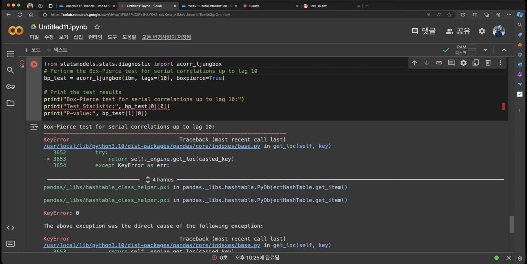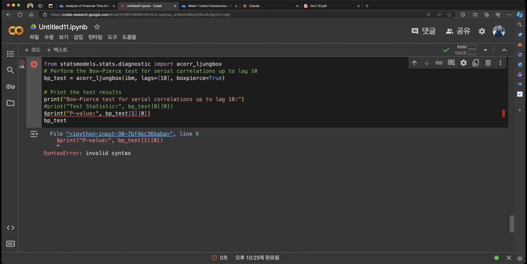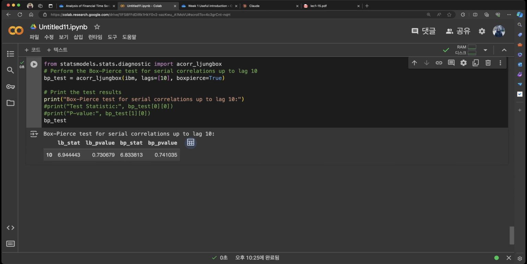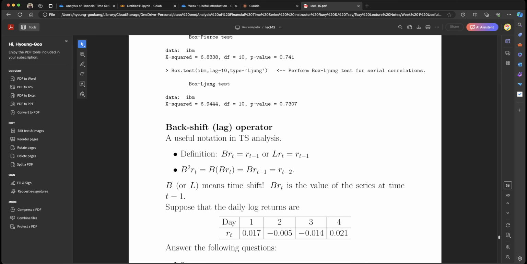Okay, so there's an error. So instead of this one, I can simply use BP test. Let's see the BP test result. Okay, p-value and everything. So the p-value is pretty large, so we cannot reject the null hypothesis over here. And then we have the backshift or lag operator.